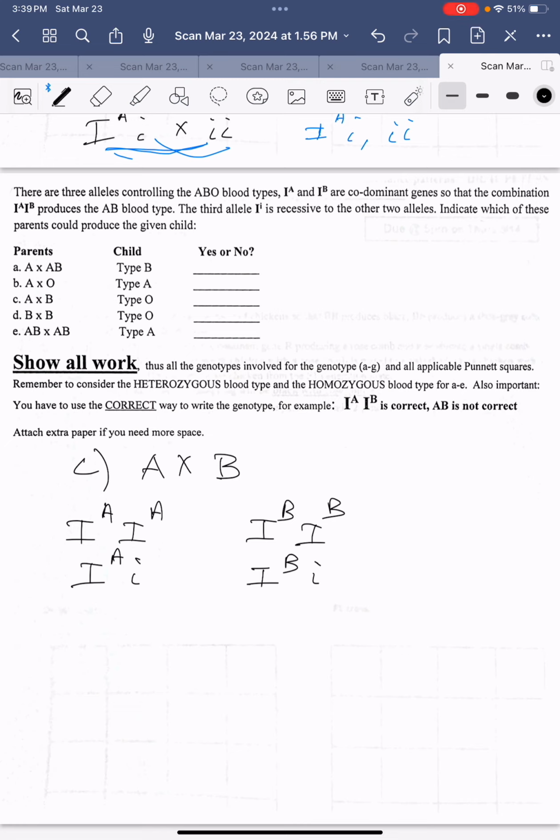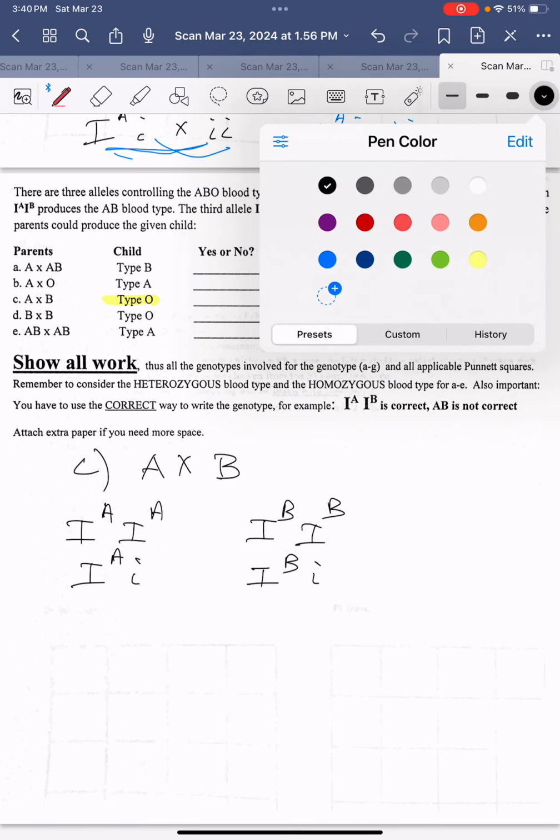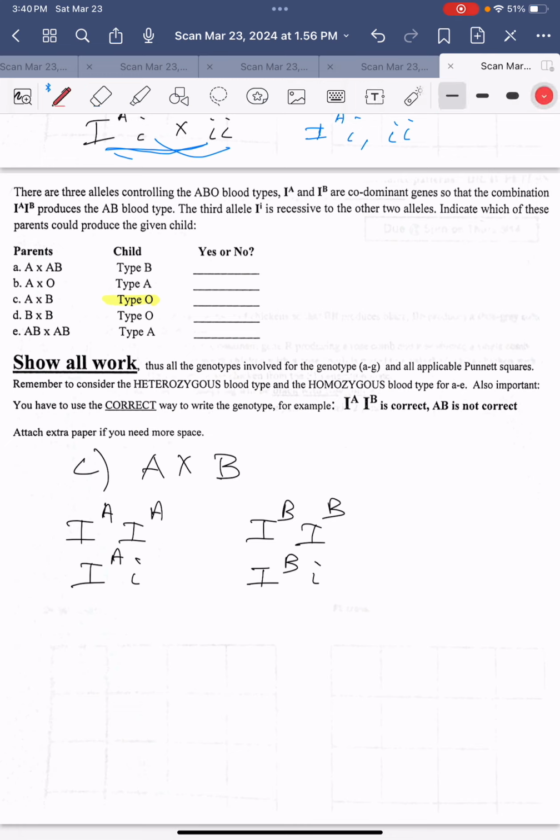What should stand out to you here is that in order to produce a type O child, we have to have two little i's. So if we have an IA little i and an IB little i, that would be able to produce a child with type O blood, because there are those two lowercase i's, our recessive type of blood, type O. So yes, that is possible.